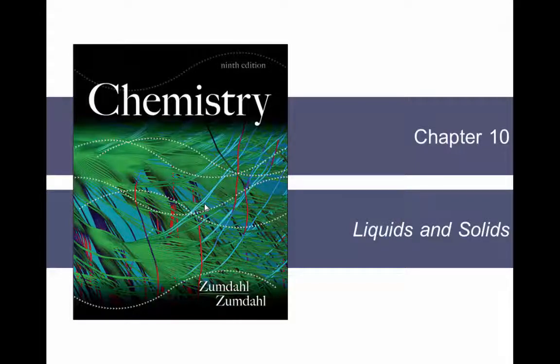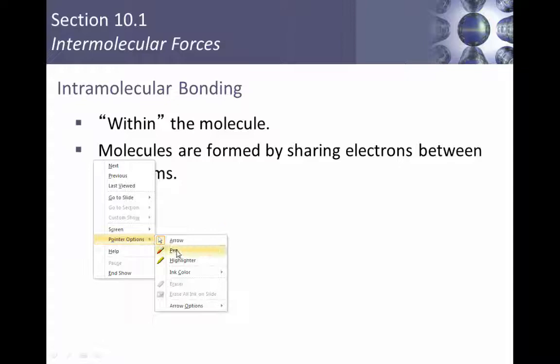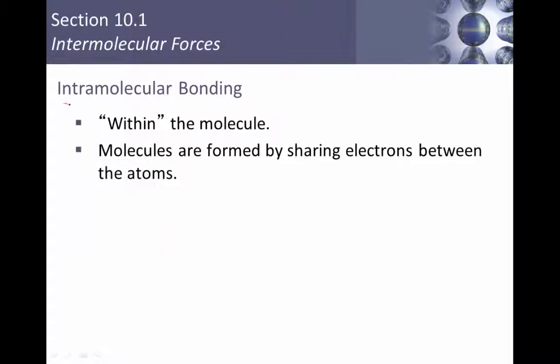Okay, so we're going to start out with the idea that we have two types of bonds. We have intramolecular forces, and that's your force that exists within a molecule.